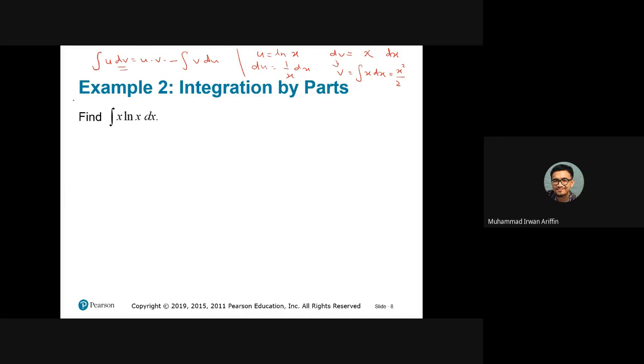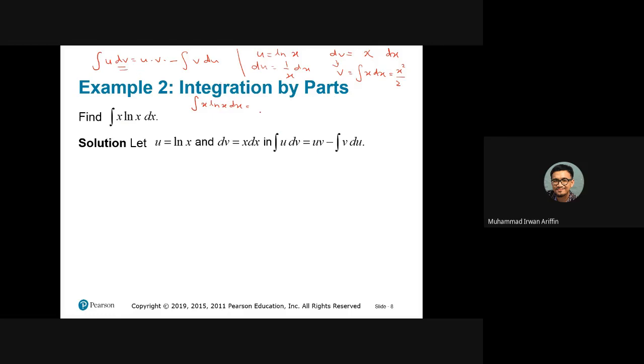Because dv is taken from the original equation, and we obtain v by integrating dv. Okay, so now we can rewrite the whole equation in this format. So what will it be? x natural log of x dx would then equal uv.